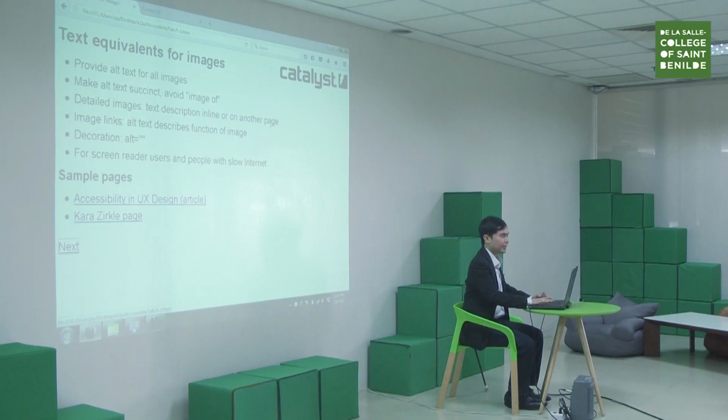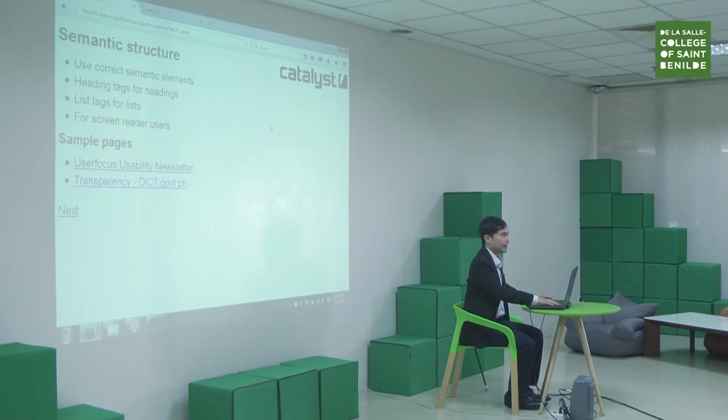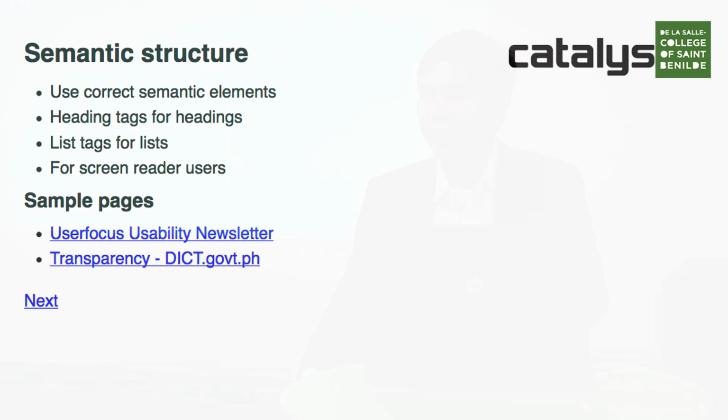This is the next technique, semantic structure. People who use screen readers rely heavily on properly tagged HTML documents. So if you have headings, make sure that your headings are tagged properly by using the correct H tag, H and then the level of the heading.